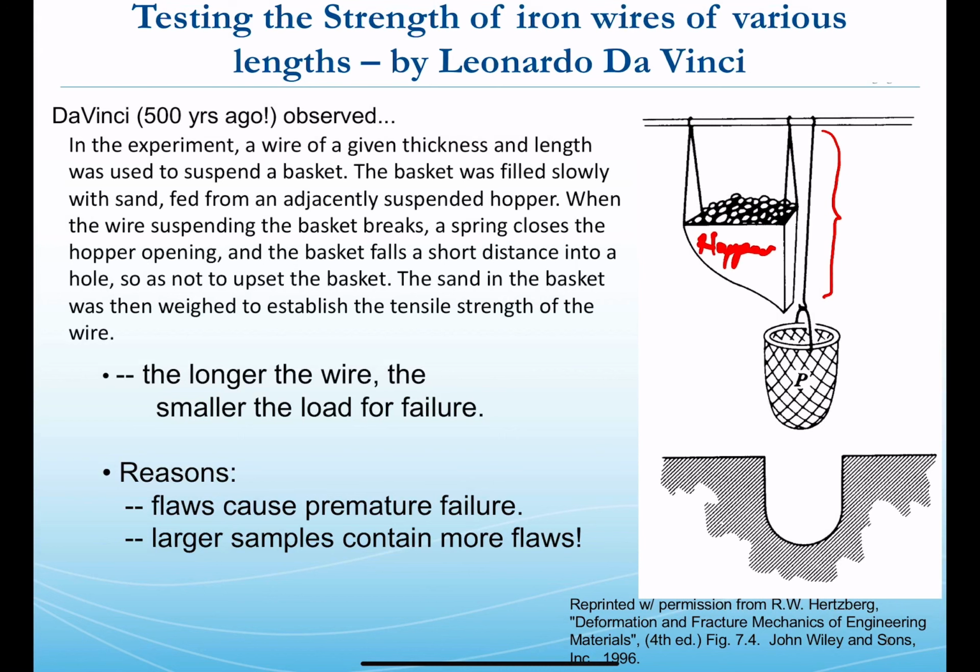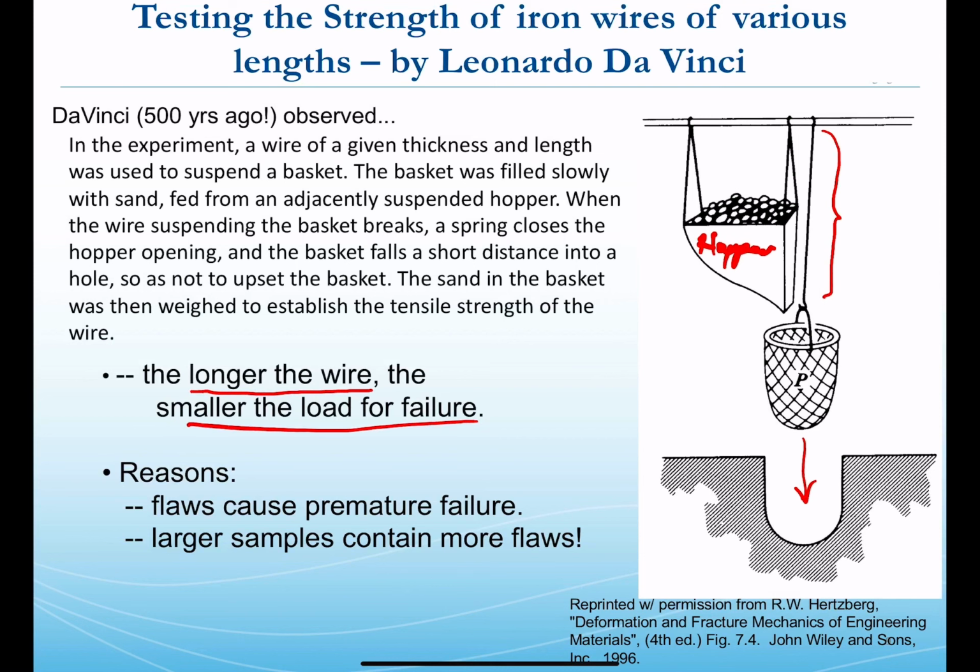And when the wire suspending the receiving basket would break, automatically a spring would close the hopper and the basket would fall a short distance, permitting the sand to be caught without loss from the basket. Ultimately, the sand in the basket could be weighed to establish the tensile strength of the wire. The observation was: the longer the wire, the smaller the load for failure.